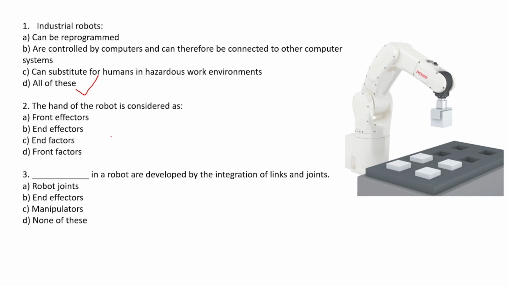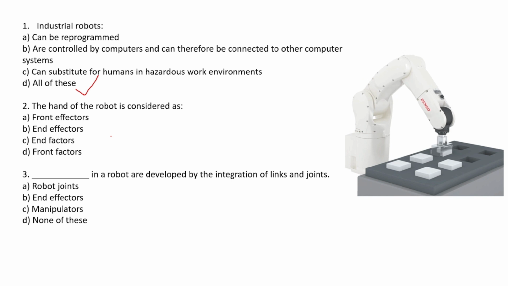Then one question is given: the hand of the robot is considered as. We have seen that in an industrial robotic system, the end effector is a specialized tool or device attached to the end of the robot arm or manipulator. The end effector is responsible for interacting with the environment or performing tasks such as grasping, manipulating or assembling parts.